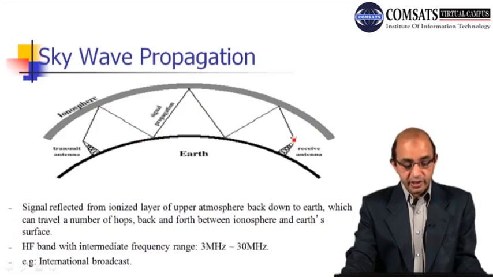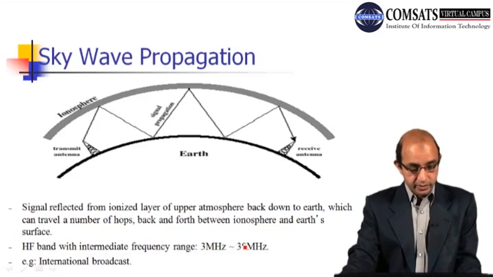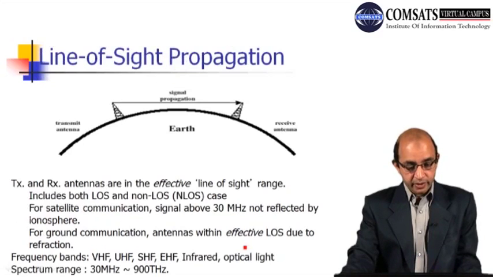The signal will be received from the ionized layer of the upper atmosphere back and forth, right? It can travel a number of hops. You can see that these are the hops back and forth between the ionosphere and Earth's surface. So high frequency band with intermediate frequency range, here we have the frequency range of 3 megahertz to 30 megahertz, and we can have the example of international broadcast.